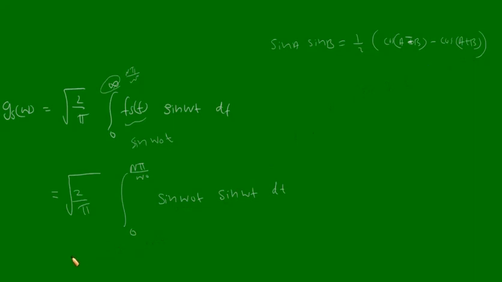So this can be written as √(2/π) times the integral from 0 to nπ/ω0 of half cos(ω0−ω)t minus cos(ω0+ω)t dt.